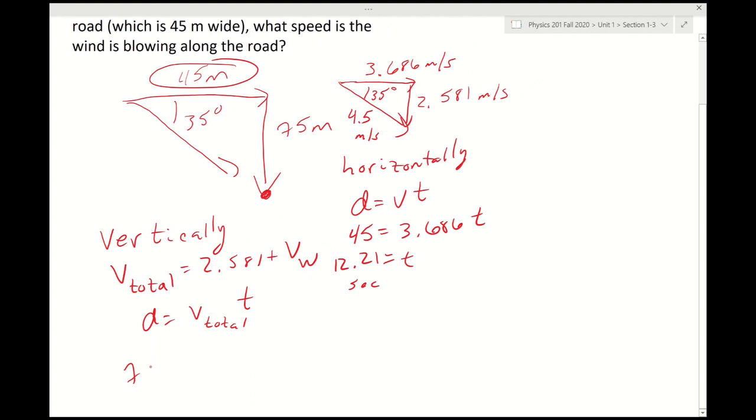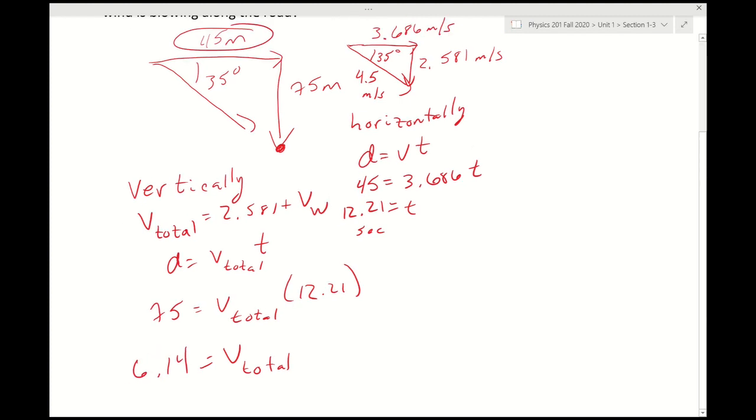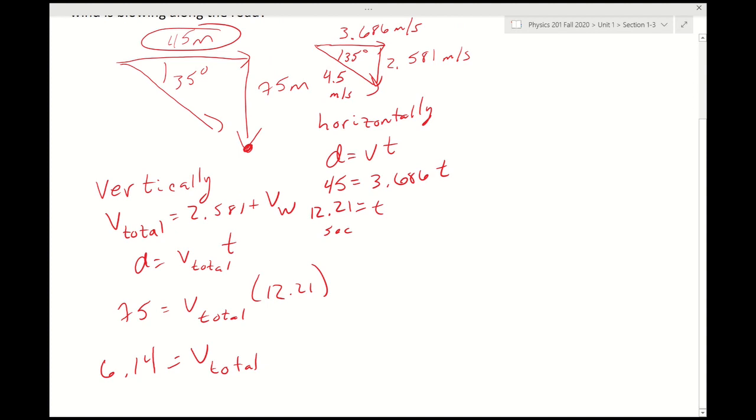It's going 75 meters. We're not sure what the total speed is, but it takes 12.21 seconds for the chicken to cross the road. So that means the total speed is 6.14 meters per second. So that's how fast the chicken was going along the road.